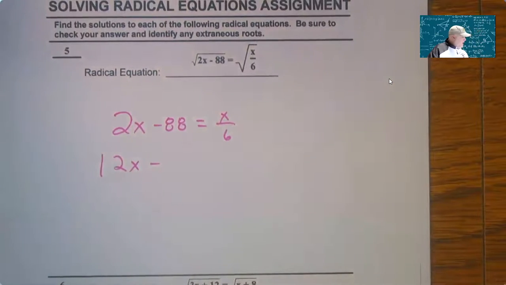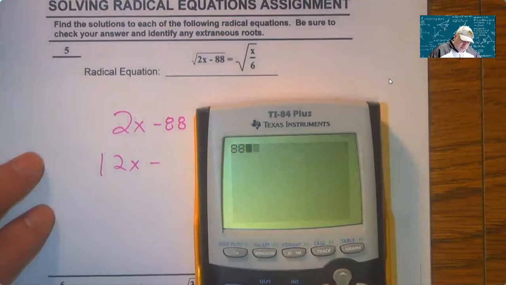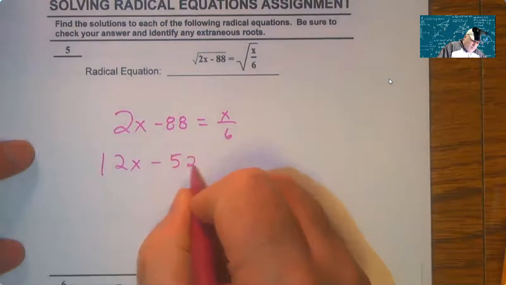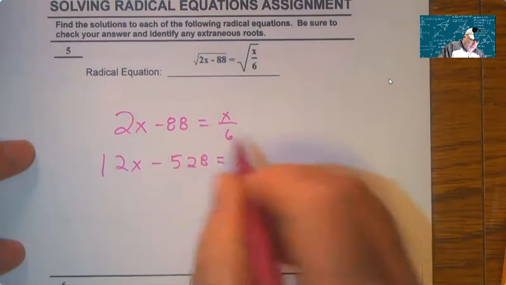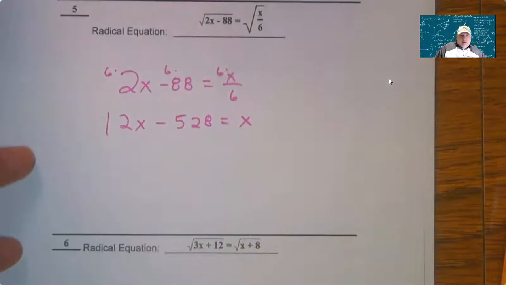So we got to do an 88 times 6 here, which is a little bit crazy, but that's okay. So 88 times 6, 528 equals x. So everything got a 6 to eliminate that denominator.